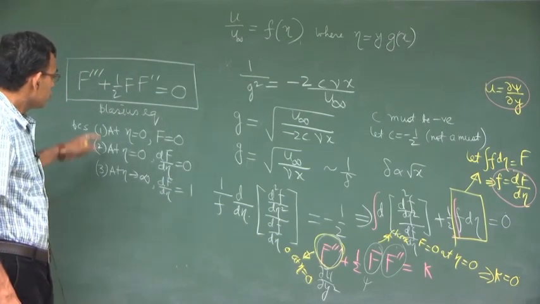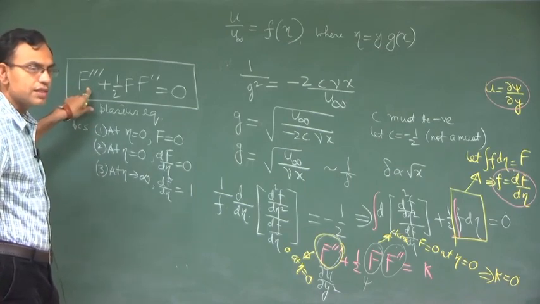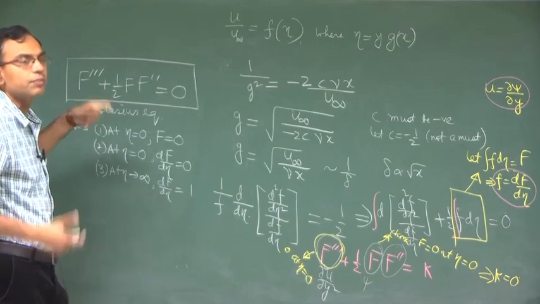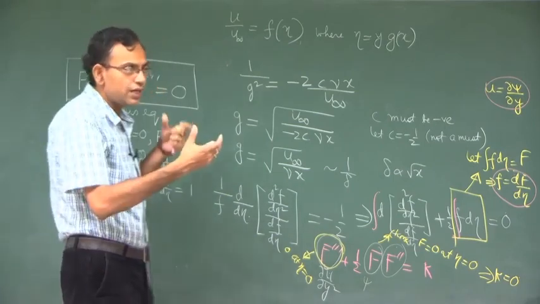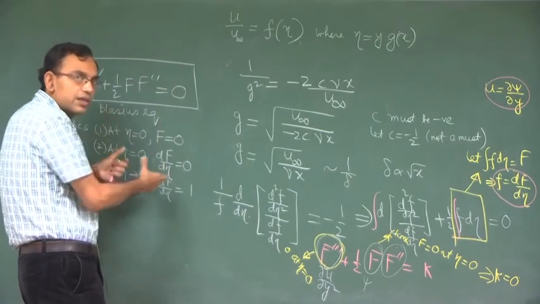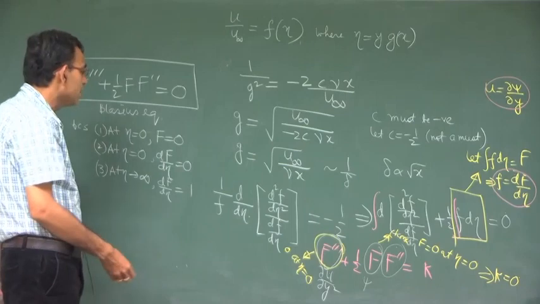Okay. So, with these 3 conditions you can numerically solve this using various techniques such as shooting method, for example. We have a separate tutorial for you where it will be illustrated how to numerically solve this equation. So, I am not getting into that in this main lecture.